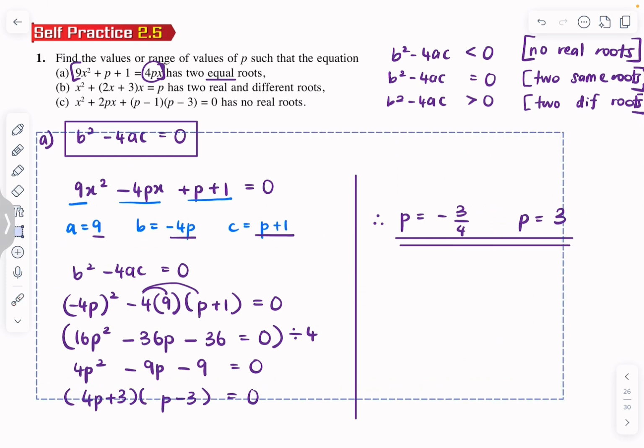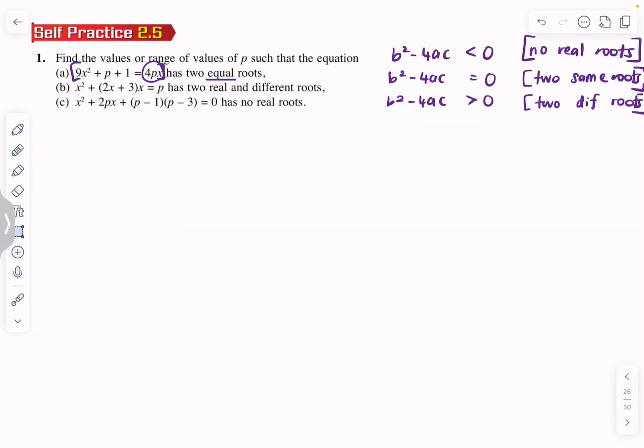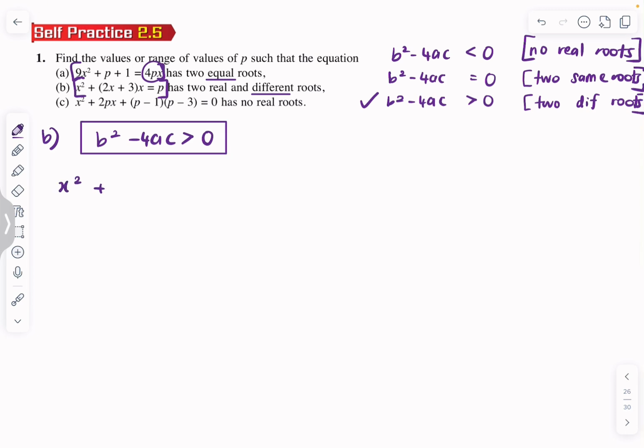Let's look at part B. So this equation has two real and different roots. So two real and different roots means b square minus 4ac will be more than 0. Right. So x square plus 2x plus 3x equals to p.